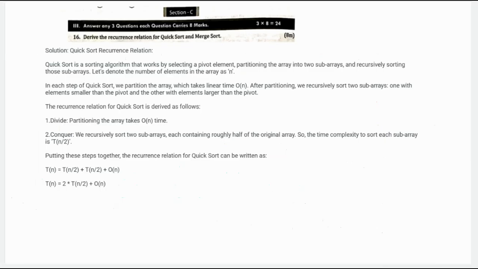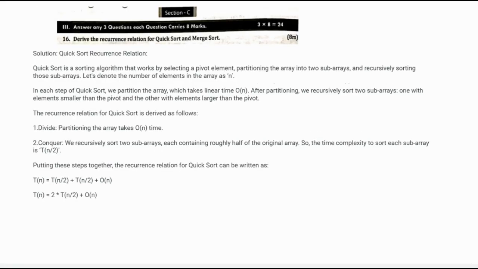Here we have: derive the recurrence relation for quick sort and merge sort. Quick sort is a sorting algorithm that works by selecting a pivot element, partitioning the array into two sub-arrays, and recursively sorting those sub-arrays. Let's denote the number of elements in the array as n.